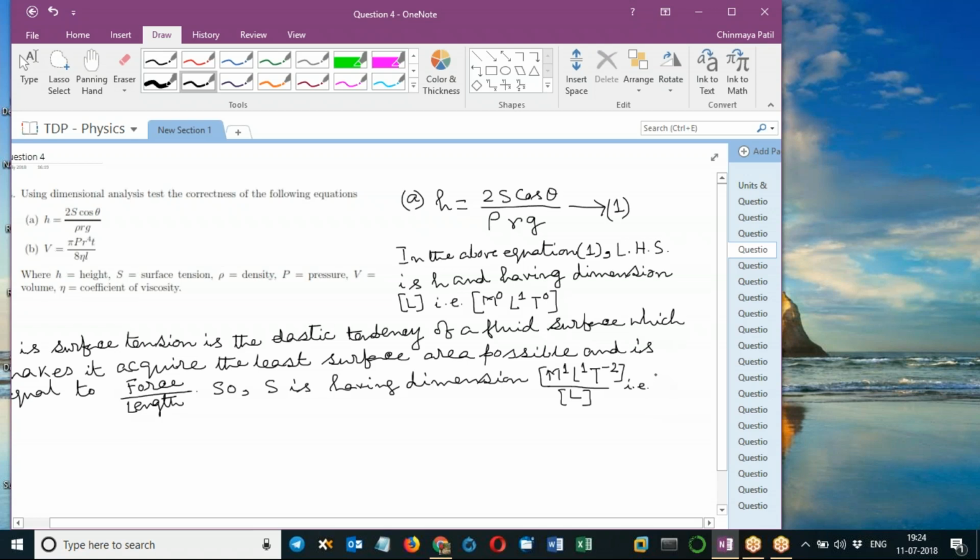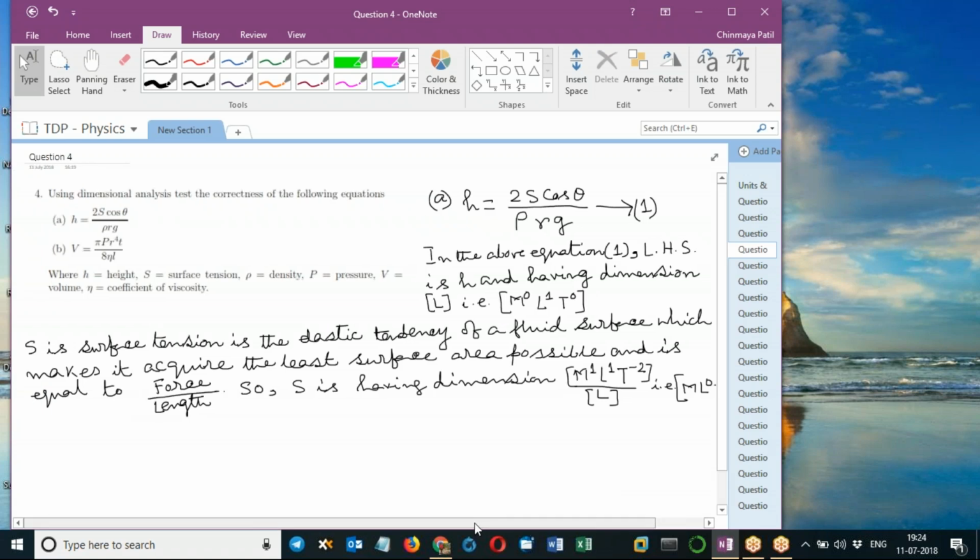Correct. So this is the dimension of surface tension.